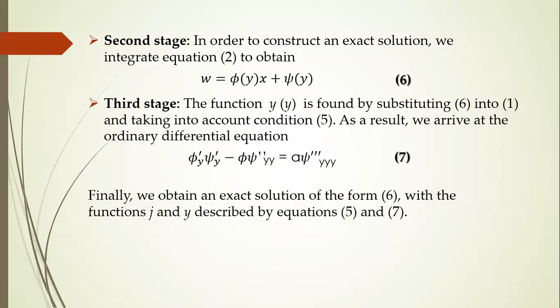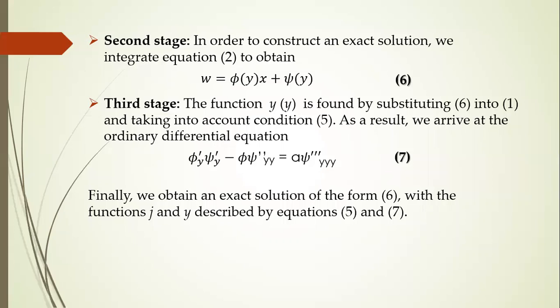Second stage. In order to construct an exact solution, we integrate equation 2 to obtain w = φ(y) x + ψ(y). It is equation 6. Third stage. The function ψ(y) is found by substituting into equation 1 and taking into account condition equation 5.